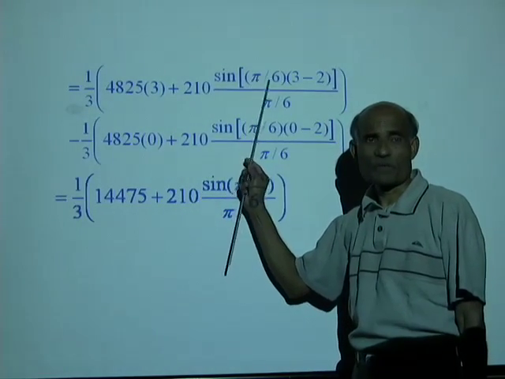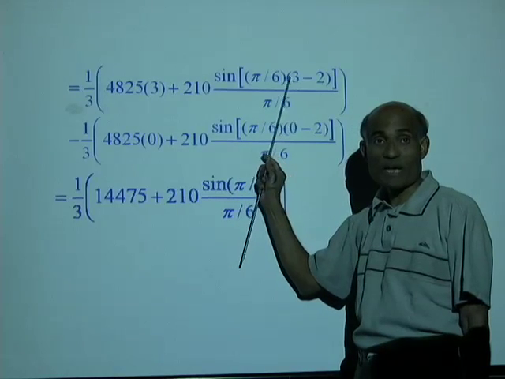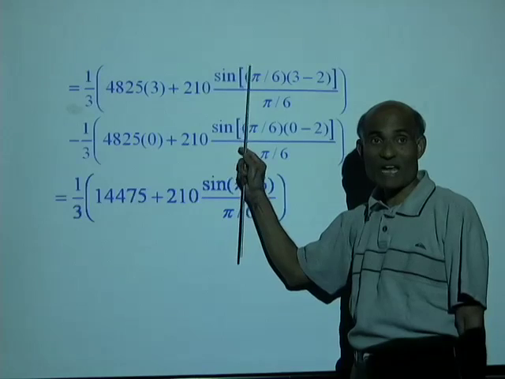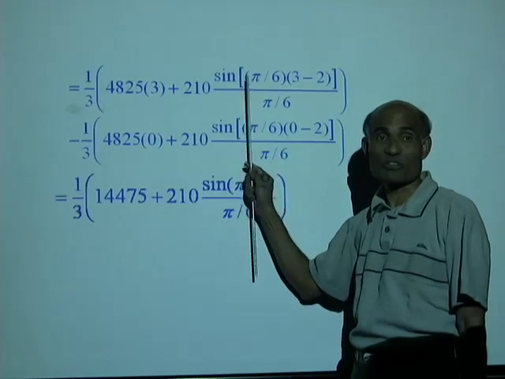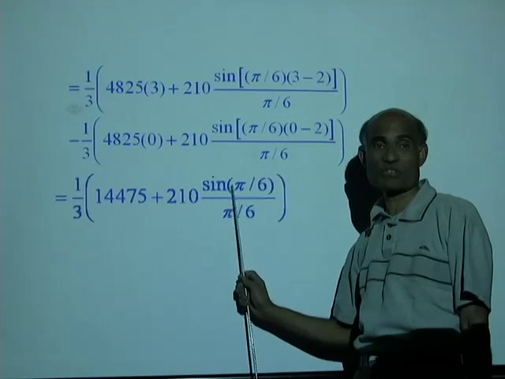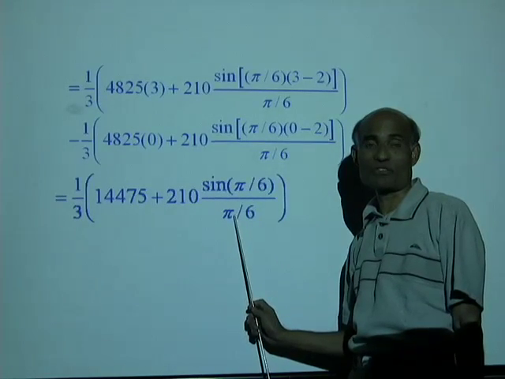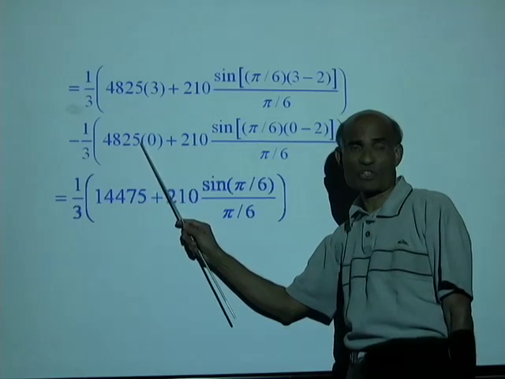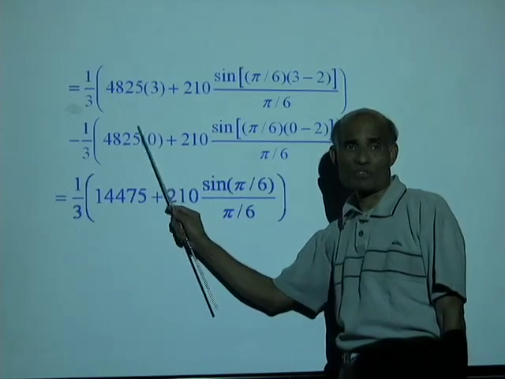Now look at this. 3 minus 2 there is 1. So that will be sine of pi by 6 divided by pi by 6. Is that right? That is the upper limit.